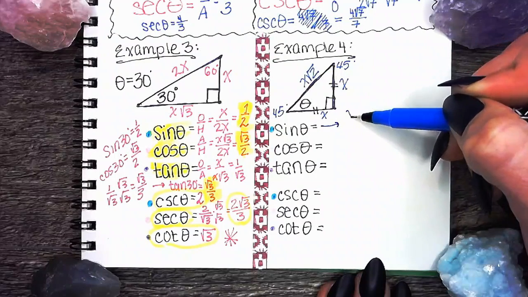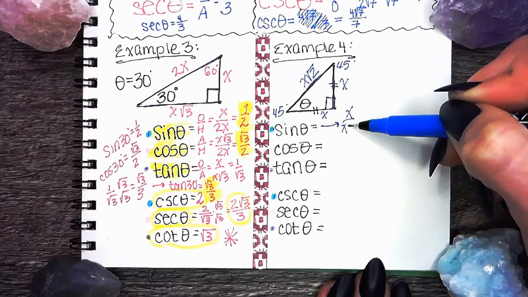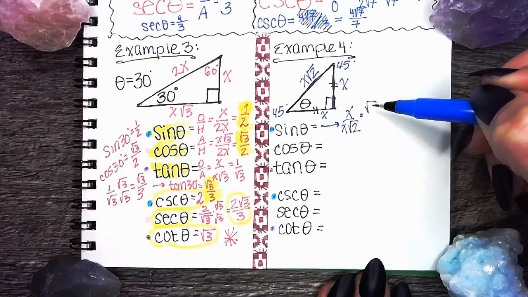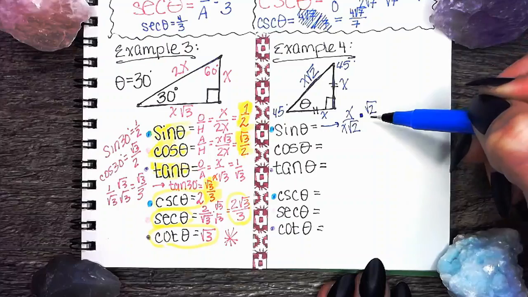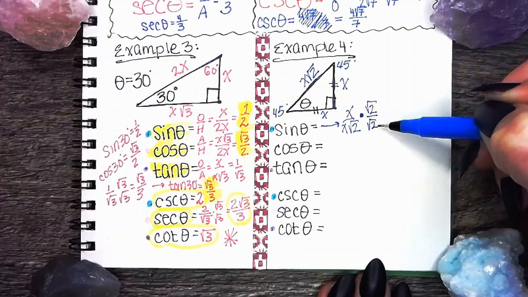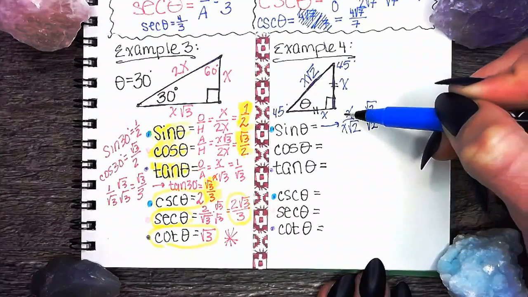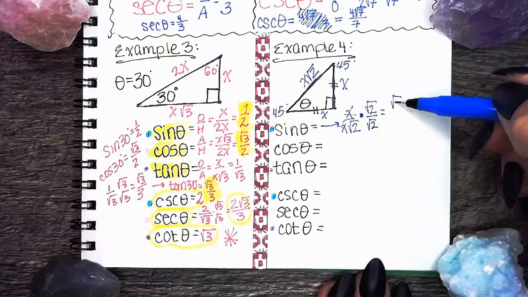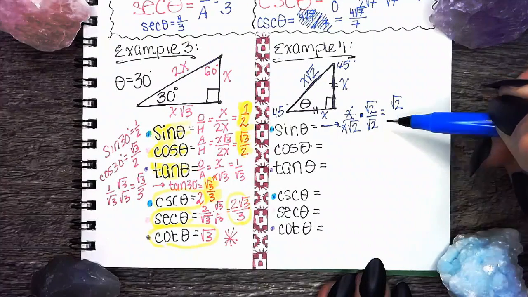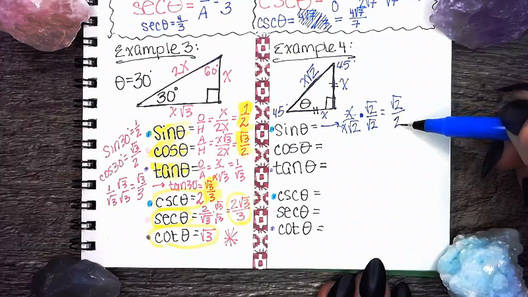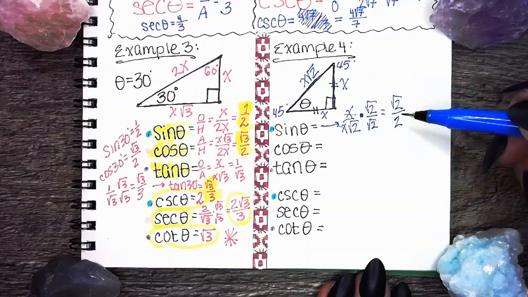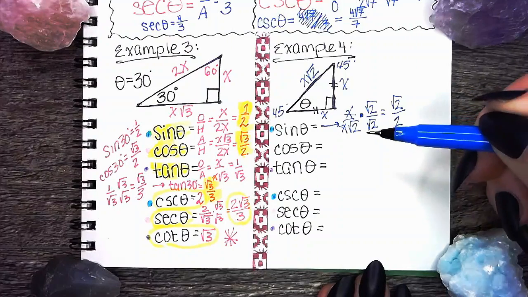Well, that's x over x root 2. The x's will reduce, but we still need to multiply on top and bottom by square root 2 because we need to rationalize. While the x's go away, 1 times square root 2 is square root 2, and root 2 times root 2 is 2. So the sine of 45 degrees is radical 2 over 2.